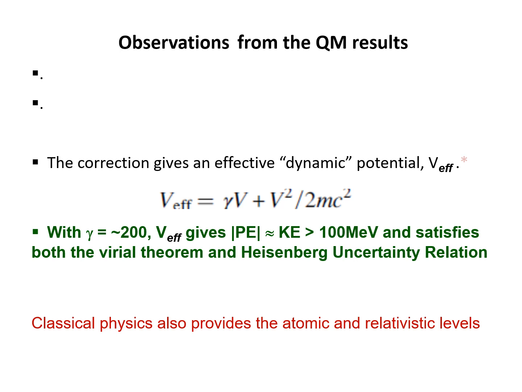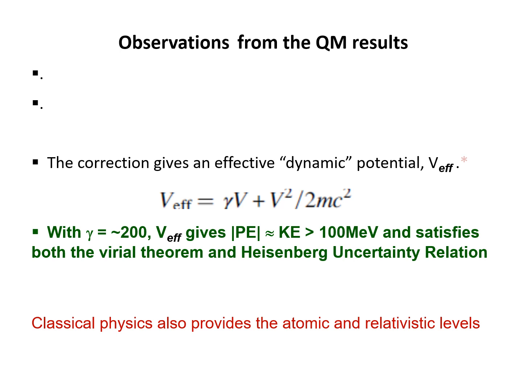V effective is not quite the expected relativistic correction, gamma V. There is an interaction term. With gamma equals around 200, V effective gives a potential energy approximately equal to the kinetic energy and both greater than 100 MeV. This satisfies both the virial theorem and the Heisenberg uncertainty relation.